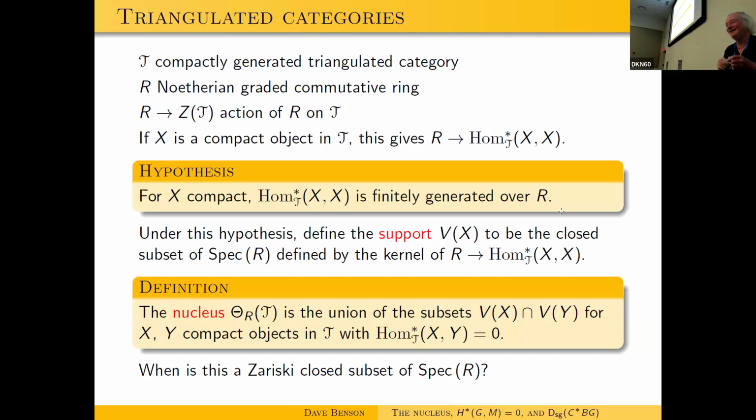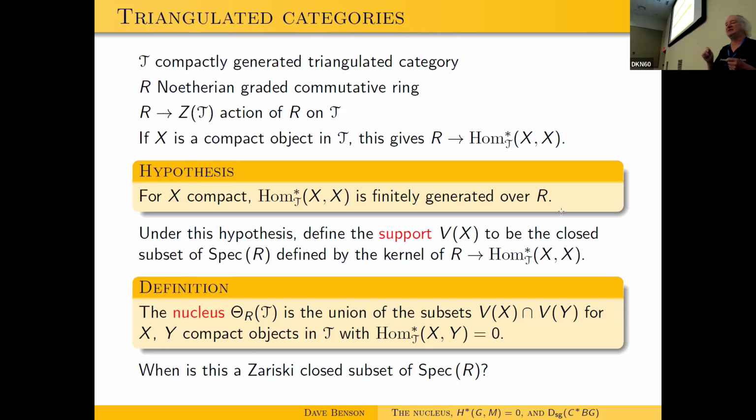What you really do is the following. You take a compactly generated triangulated category and you assume that you've got some Noetherian graded commutative ring acting on that triangulated category. In the group representation case, the cohomology of the group acts on the stable module category.